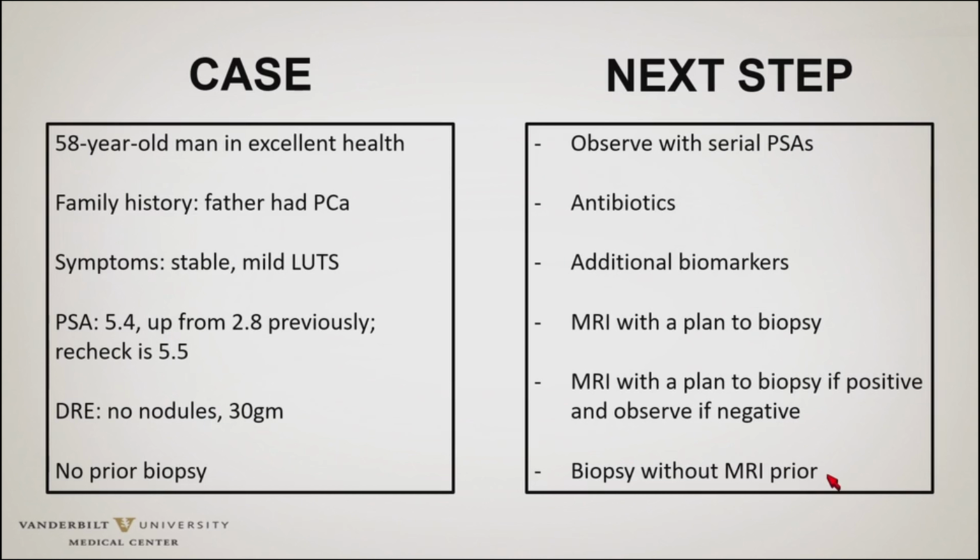I think according to guideline, you would be okay to do either additional biomarkers, MRI with a plan to do a biopsy, or biopsy without MRI prior. My preference is to do an MRI with a plan to do a biopsy in that setting.